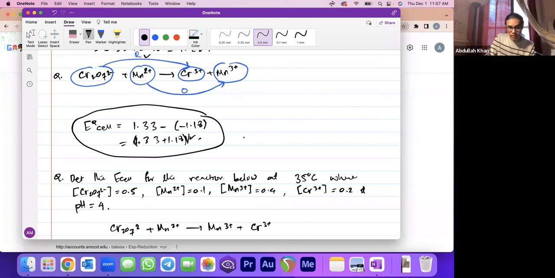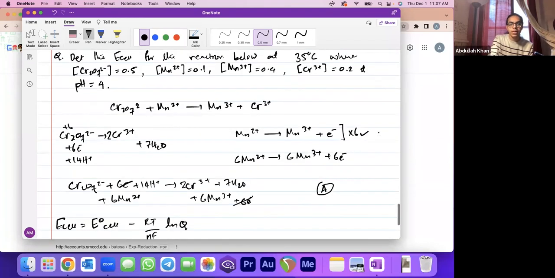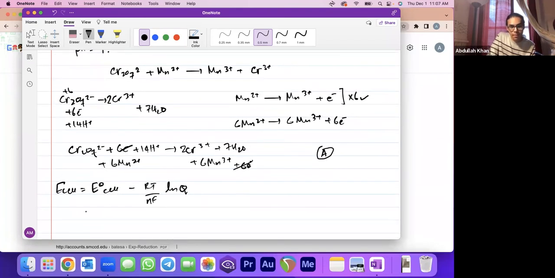So we had calculated this to be 1.33 plus 1.18, which came out to 2.51 volts. Cool. So that goes here. Minus R for the purposes of electrochemistry is going to be 8.31. No, 0.0821. We're not doing energies here.